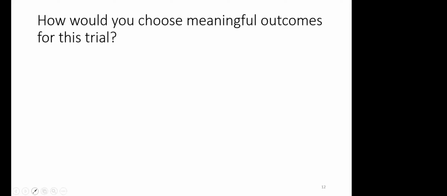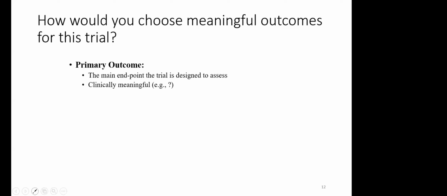So the other feature of RCTs is that they have clear and meaningful outcomes. So usually we have a primary outcome that is the main endpoint of the trial, or rather the main endpoint that the trial is designed to assess. It needs to be clinically meaningful, objectively measurable, and it is usually chosen before the trial begins.